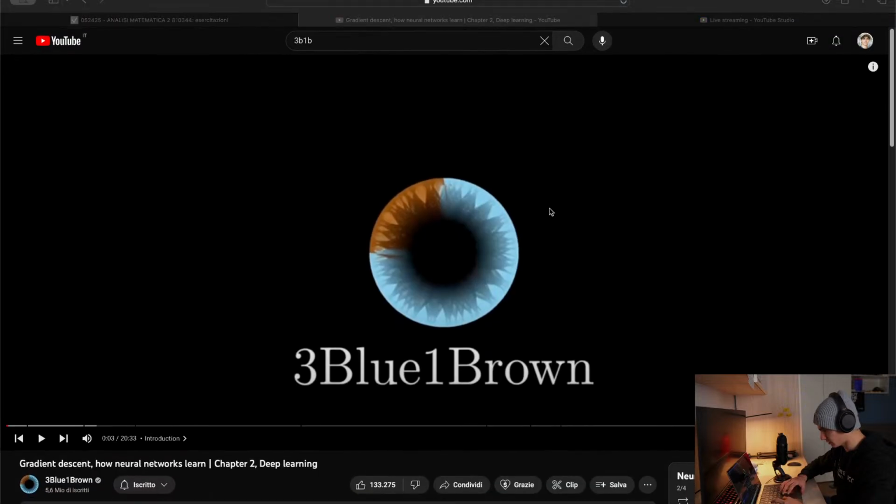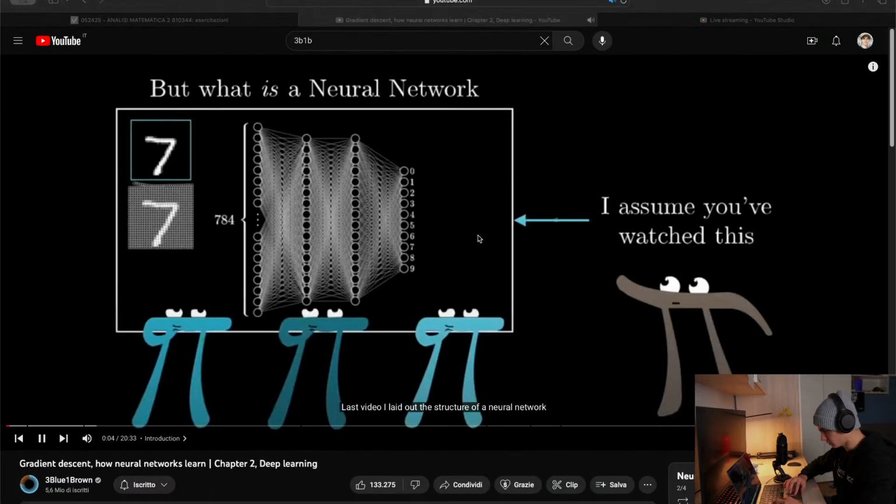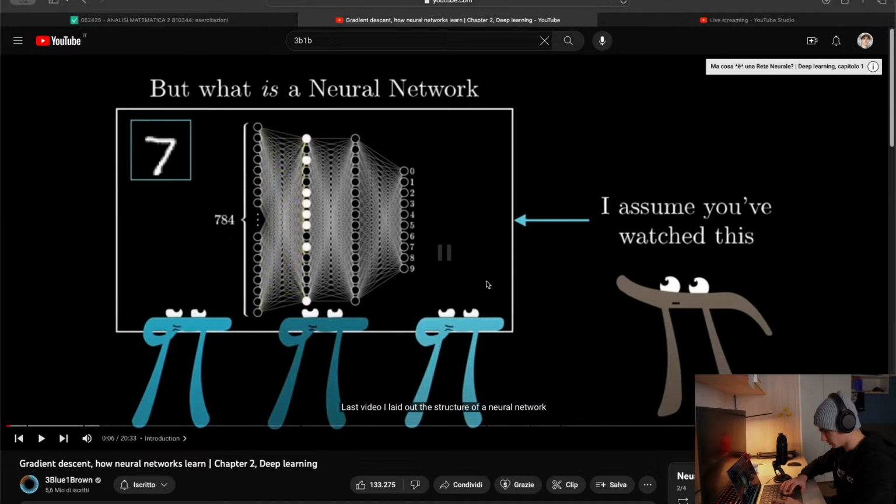No, non sentite? In questo modo. Datemi un attimo. Allora. Cattura l'audio in entrata. Ok.